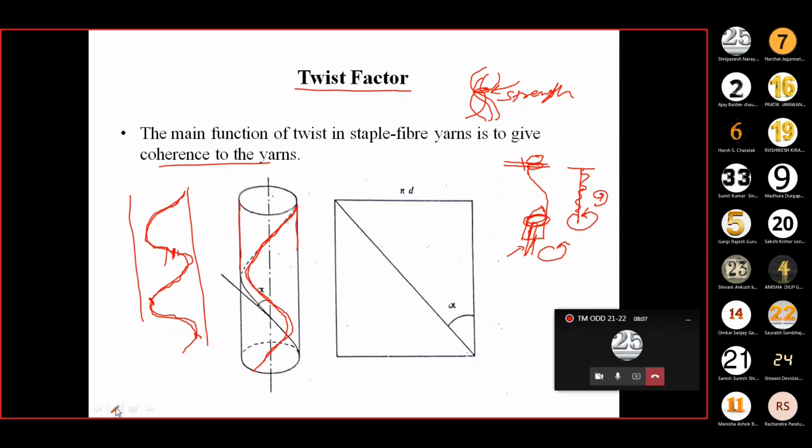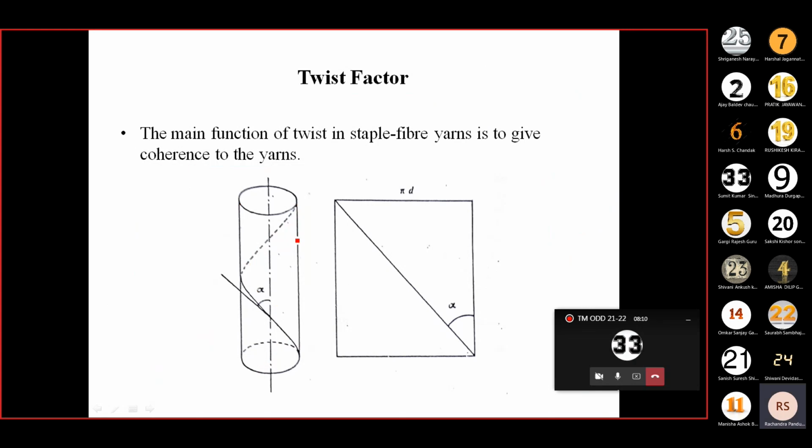Right. All these parts you have already studied in spinning. Here our interest is to find the equation for the twist factor. Now suppose I open this yarn. If I cut it from the center and open it, it will follow this rectangular shape, right?